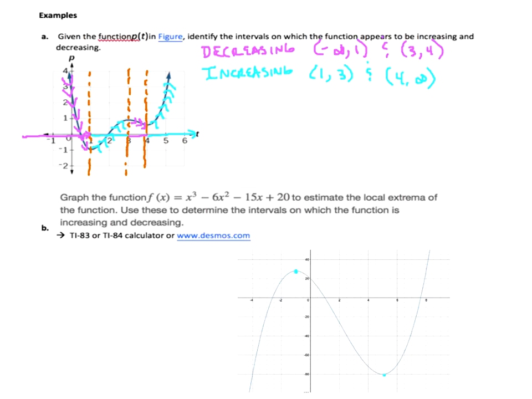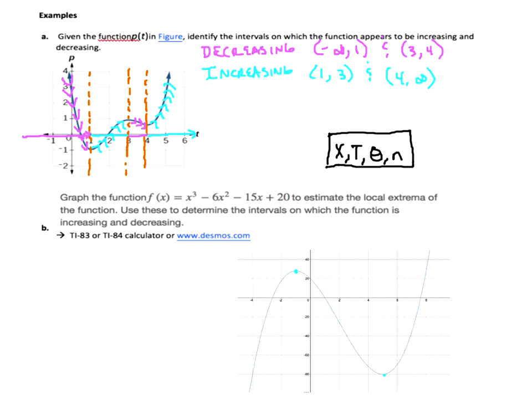All right, so you'll want to just type the function just like you see it. To type an x, you have a button that looks like this, in the second row towards the top. It says x, comma, t, comma, theta, comma, n. This is your variable button, and you want to have your cursor right next to y1 equals.